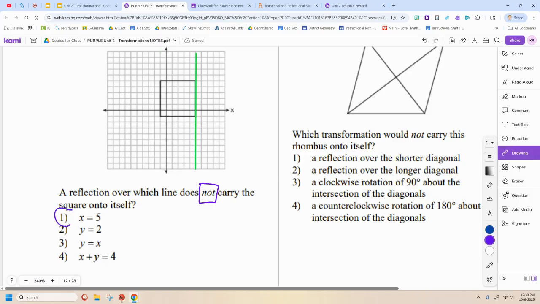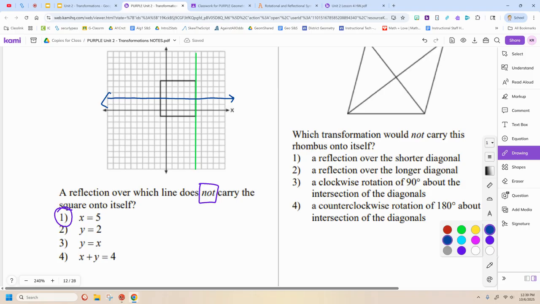Where's the line y equals 2, now that we just remembered? If x's are vertical, where are y's going to go? Horizontal. So horizontal through 2. Let's find 2. 1, 2. There it is. What do you notice about this line? Does it cut the shape in half? Yes, it does. The line y equals x. Use your straight edge.